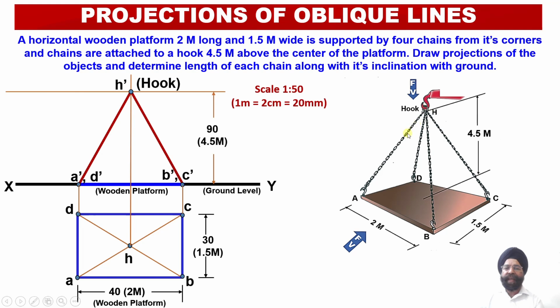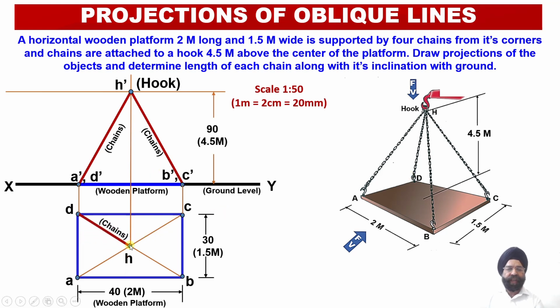So we will be picking up any one of the chain lengths. We can pick up either HA or HB or HC or HD, and whatever true length we obtain for one of the chains, the same true length will be available with us for all the other remaining three chains over here.